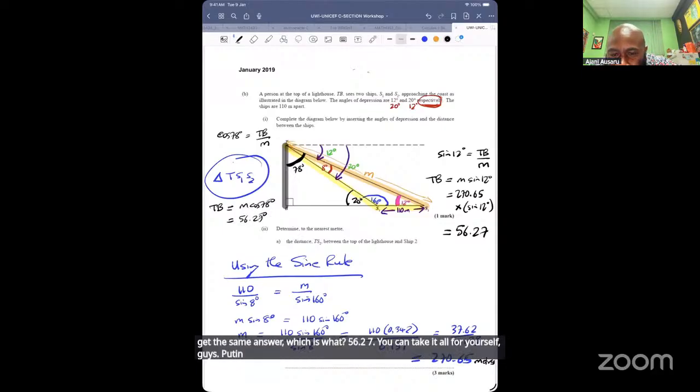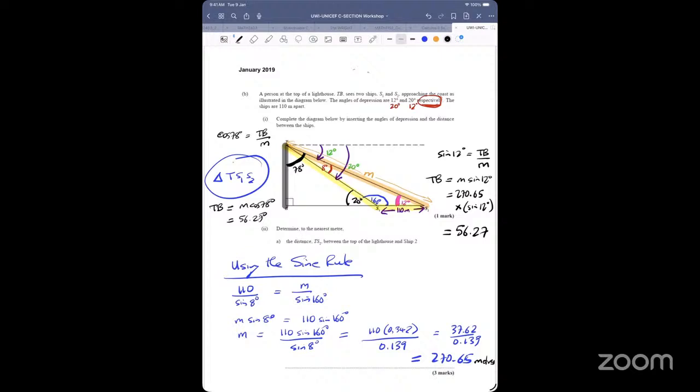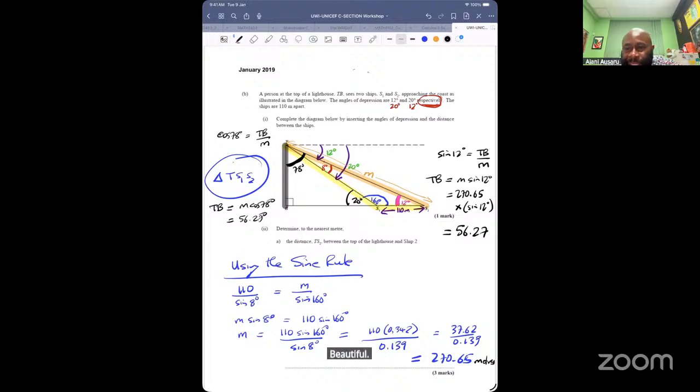Put in cos of 78 on your calculator and multiply by the 270.65, which is M, and tell me what you get. Same 56.27. Beautiful.